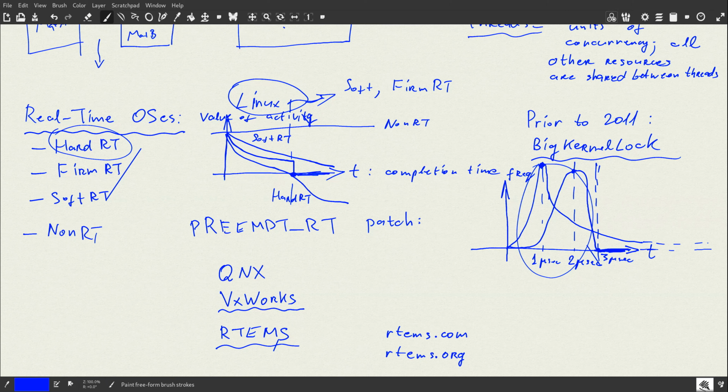A real-time executive for some kind of M systems. Nowadays, M stands for multiprocessor, but previously, when RTEMS was in its infancy and was first created, also around the late 1980s.